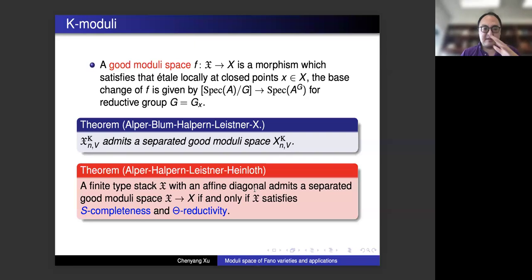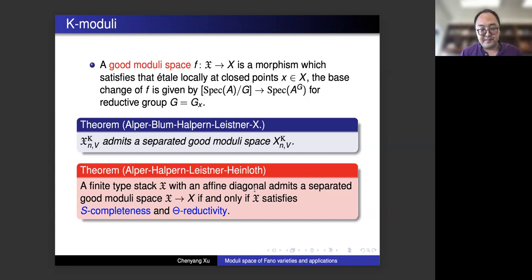So somehow you can think of the good moduli space as a morphism attached to your stack, such that étale locally this morphism is just given by the morphism from Spec A mod G to the invariant functions. So this is the standard GIT morphism. Of course, if your stack has such a morphism, it's a very nice structure.